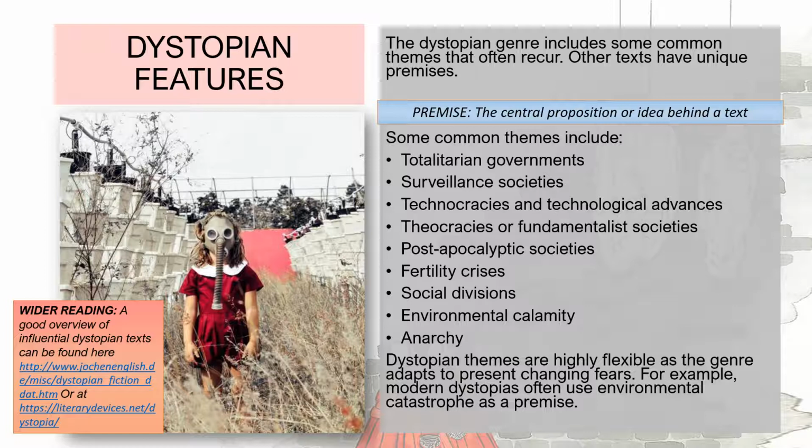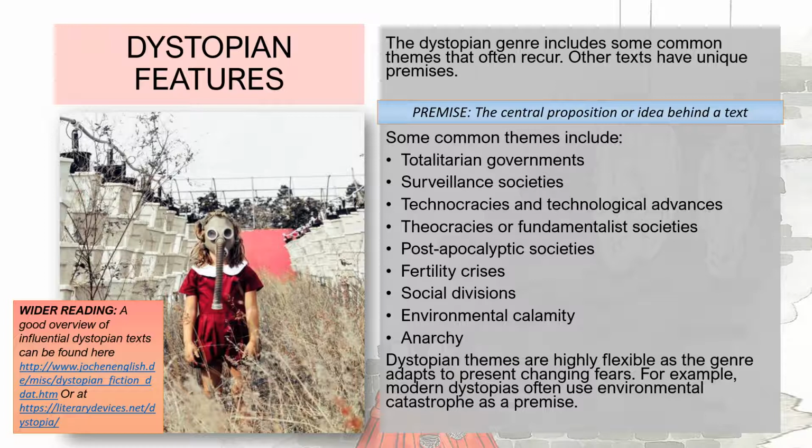Overall, we can certainly say that dystopian themes are highly flexible, and this is an adaptable genre that can always be expanded and that can always find new territory as we find new technological advances as society develops.